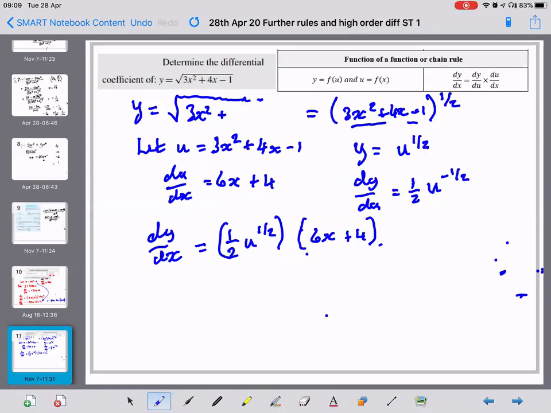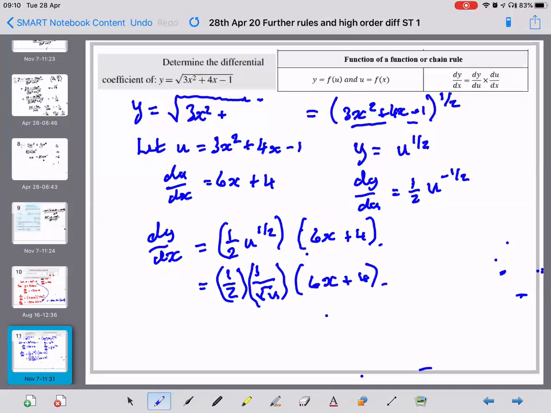Now, this u to the minus half here can be written as a half times 1 over root u, and all of that is times 6x plus 4.